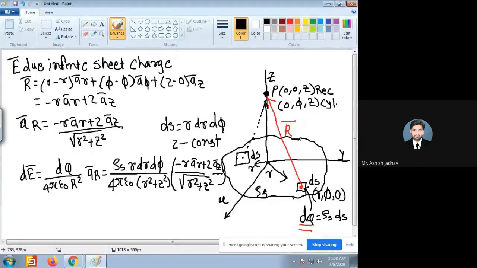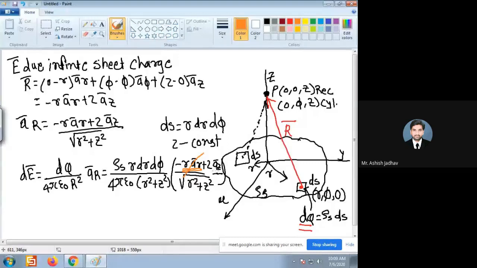So radial components are going to be cancelled and only vertical components are going to be added. From this expression, this radial component is going to be cancelled and only z components are going to be added.